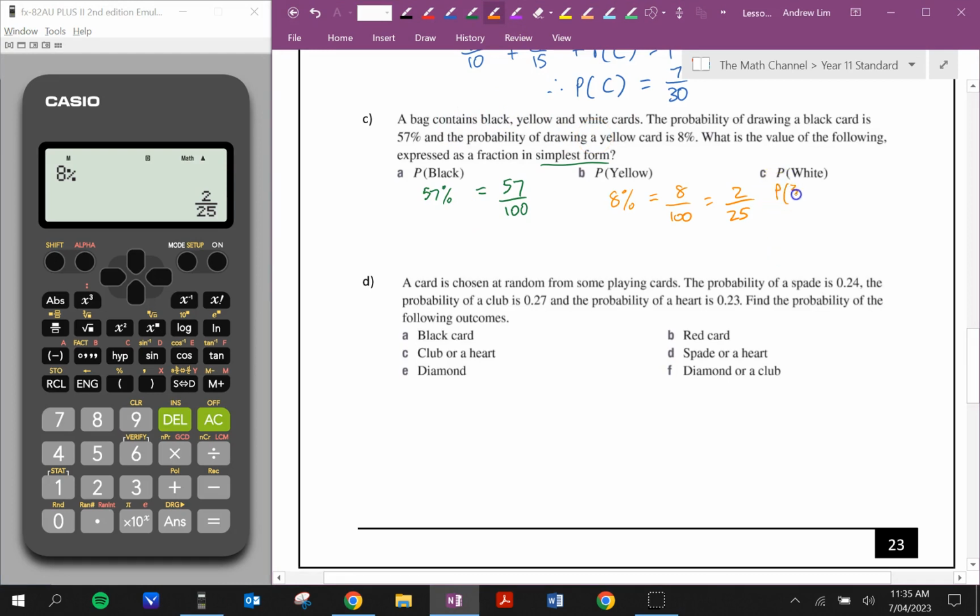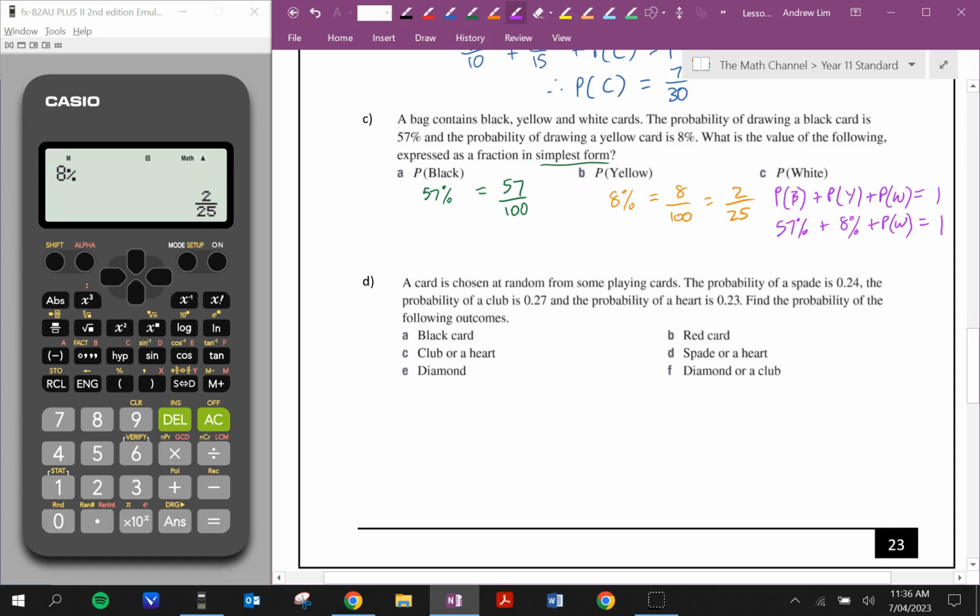Probability of black. Oh, let's use purple. The probability of black plus the probability of yellow plus the probability of white is equal to 1. So we know black is 57%, yellow is 8%.